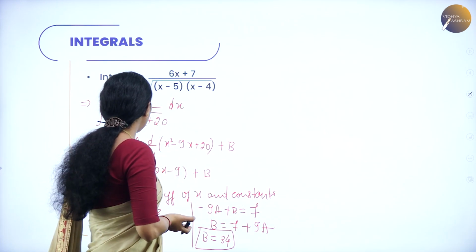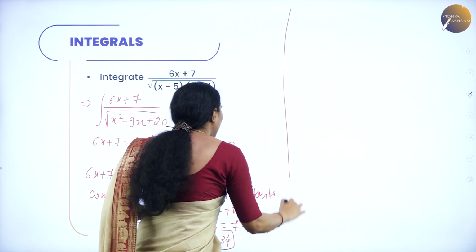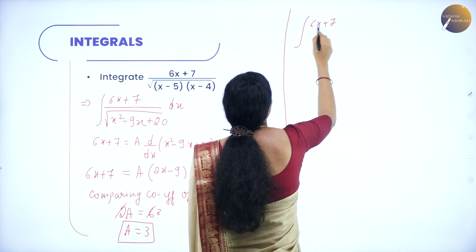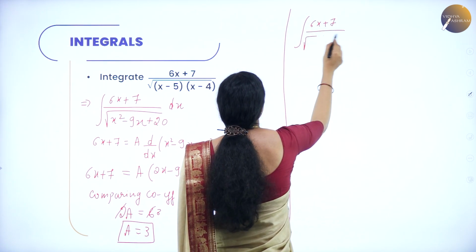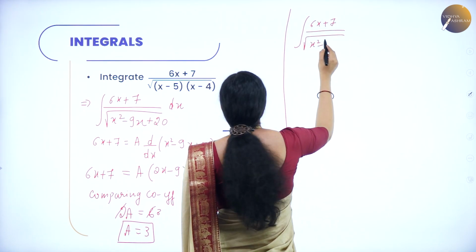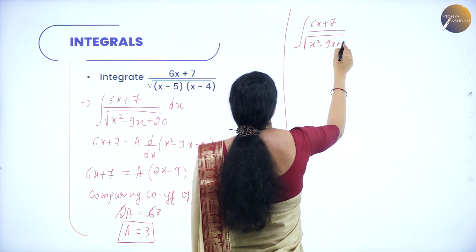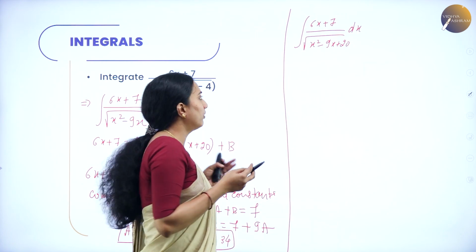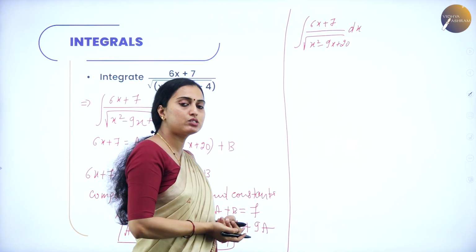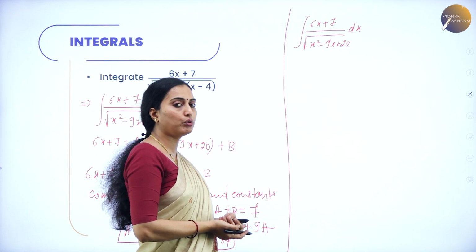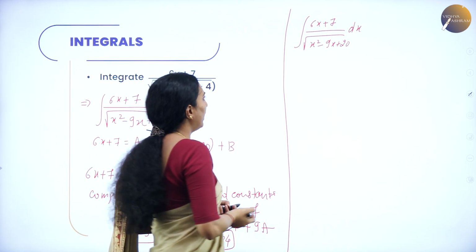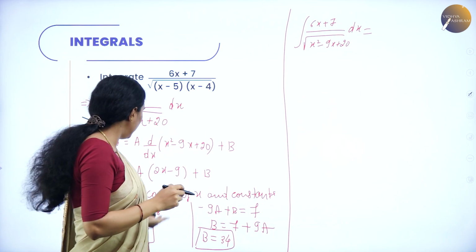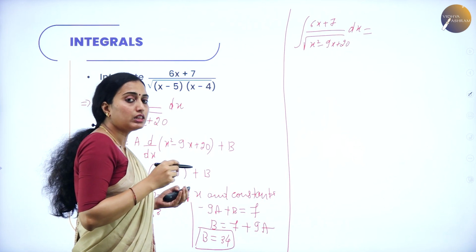So substituting that in the equation, the integral of 6x plus 7 divided by under the root of x squared minus 9x plus 20 dx can be written with a value 3 and b value 34.